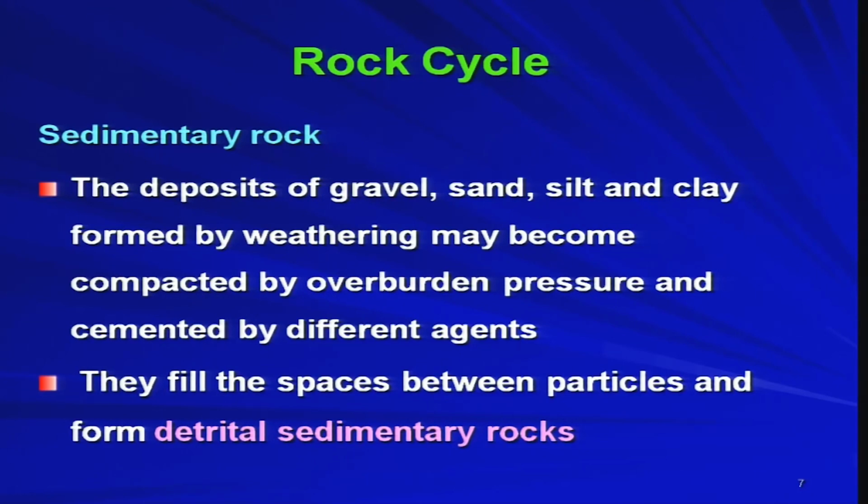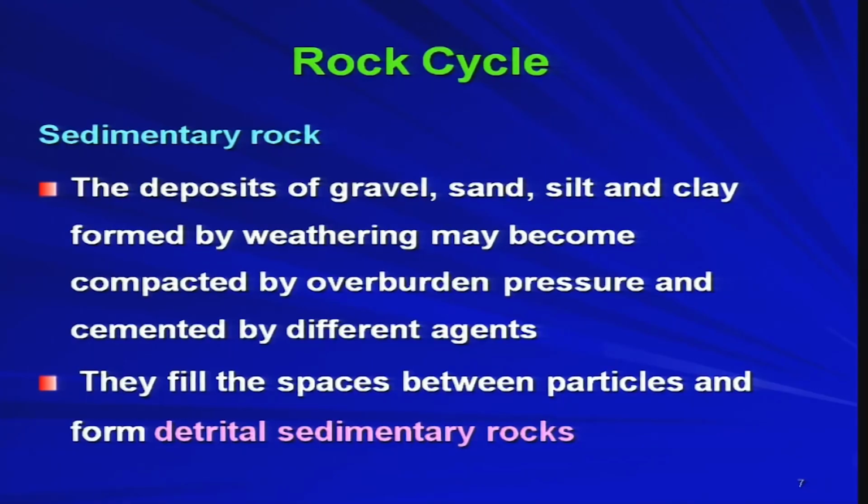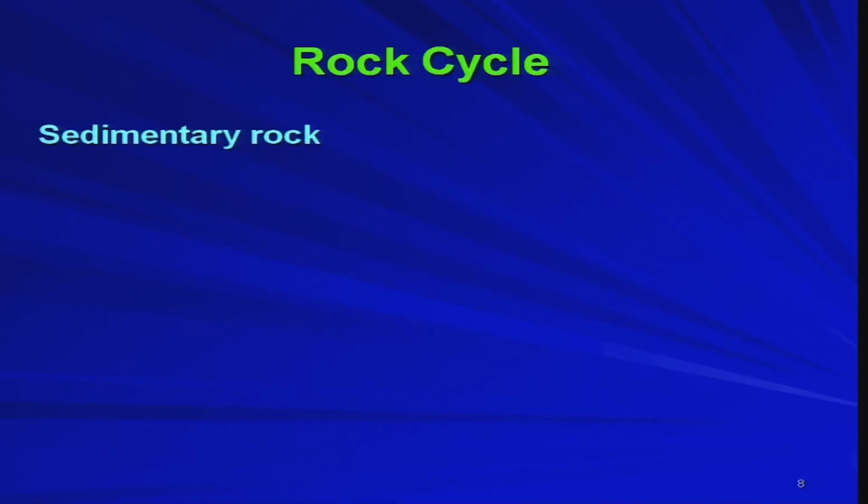They fill the spaces between particles and form detrital sedimentary rocks. Sedimentary rocks can be classified in two categories. One is detrital sedimentary rocks and another one I will be talking about later on. Basically, the detrital sedimentary rocks are formed by filling the spaces between particles, whatever I just talked about, meaning gravel, sand, silt, like that.